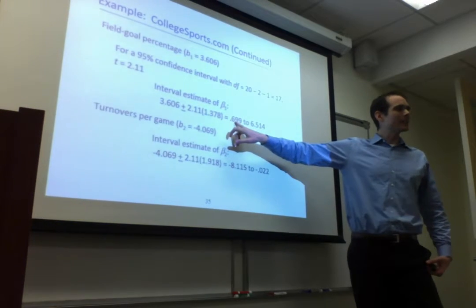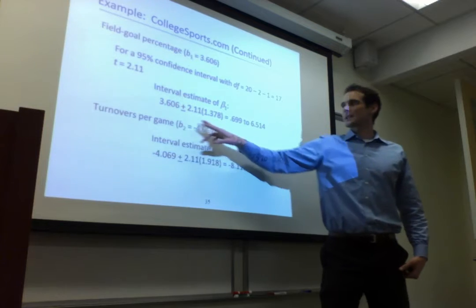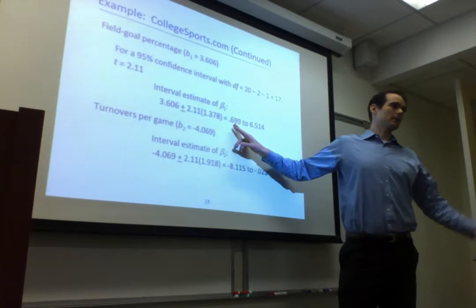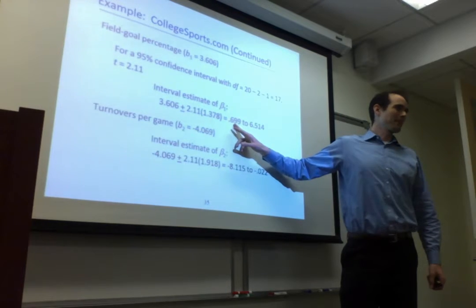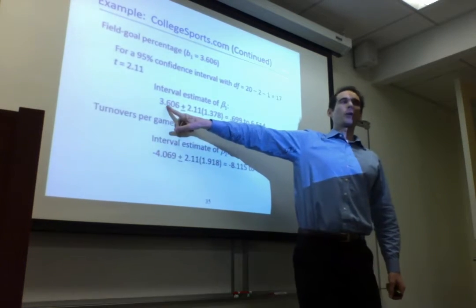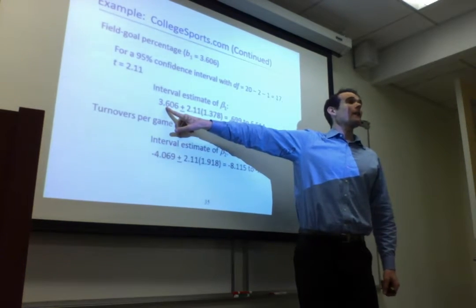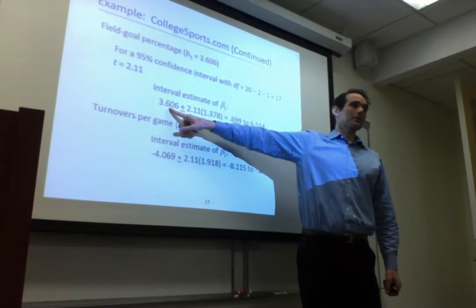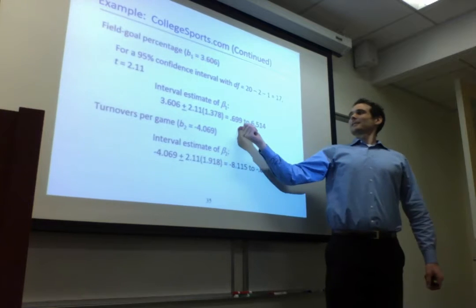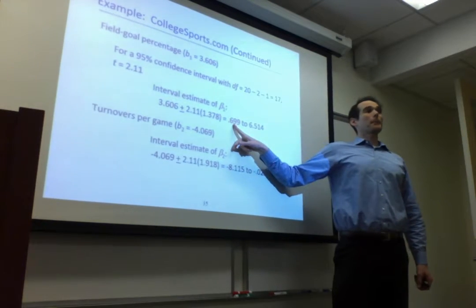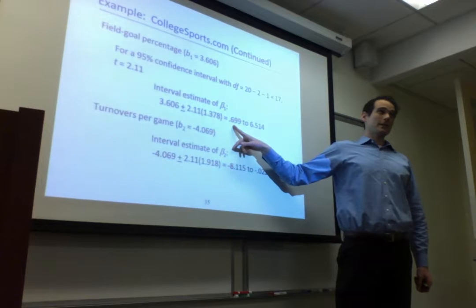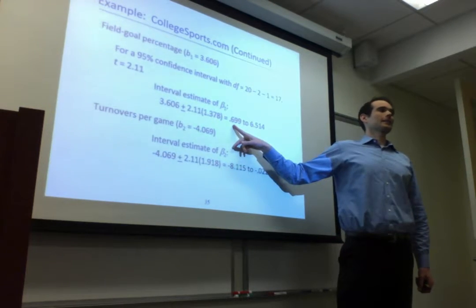It could be that it's not 3.6. It could be that, what, Keith? All right, it could be that a 1% increase in field goal percentage leads to a 3.6% increase in win-loss record. But it could also be that at 0.699, a 1% increase in field goal percentage leads to what?